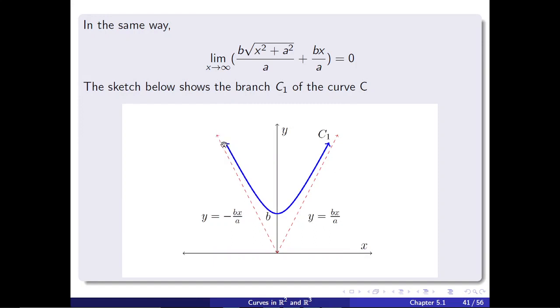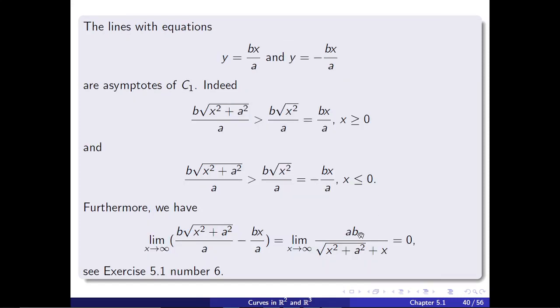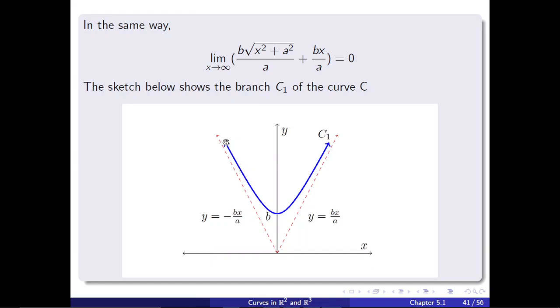The curve doesn't get to y is equal to minus bx over a, but we have shown just now that the limit of the difference is 0. So it approaches this line and it approaches that line, but it never touches them. So therefore, those are asymptotes.